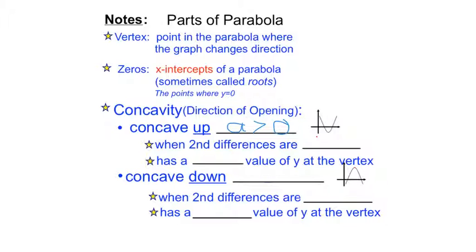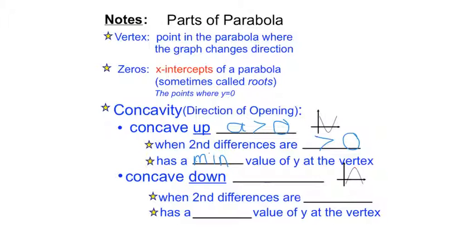Right? Your a value is greater than 0, or when your second differences are greater than 0. Okay, so both of those situations really mean the same thing. And at your vertex, you have a minimum value. Okay, you have a minimum value of y at the vertex.